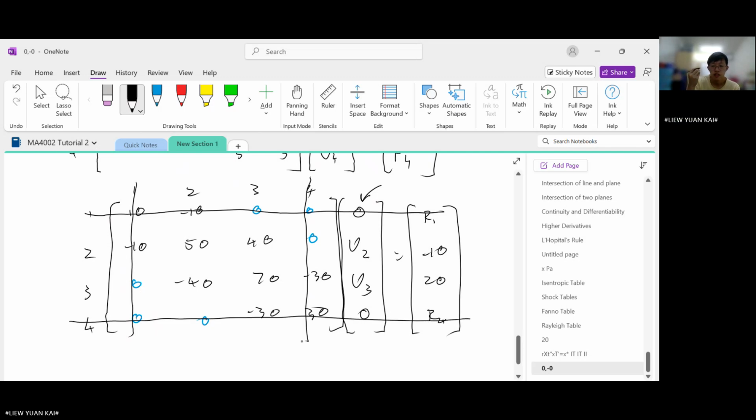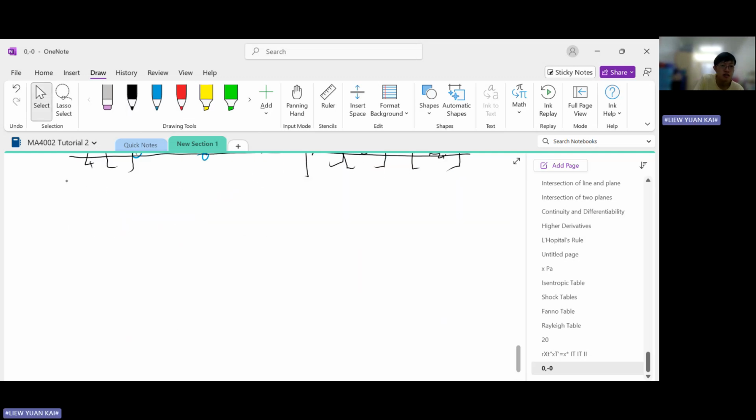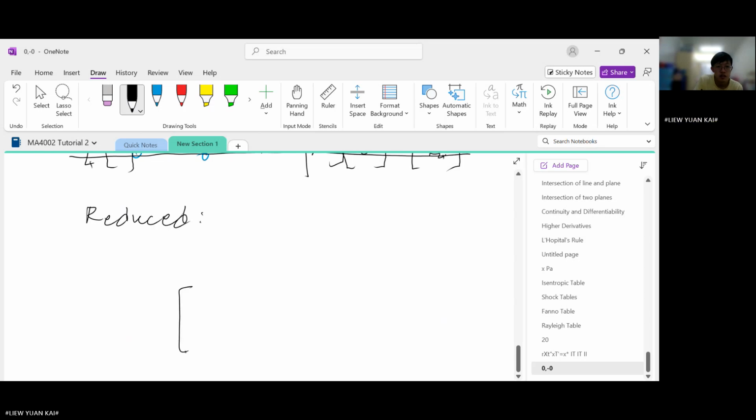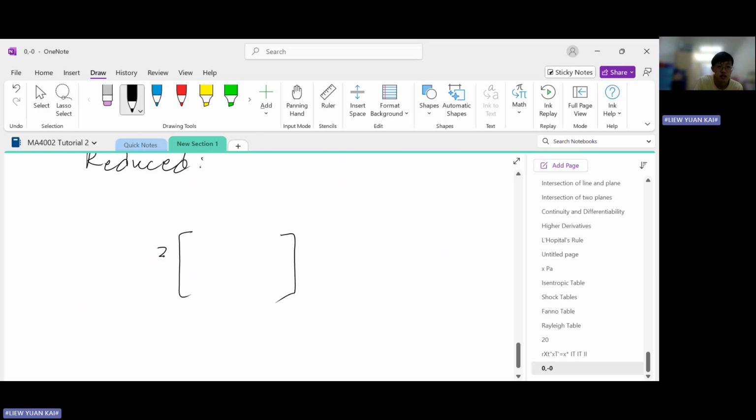Because node 4 has a 0 displacement boundary condition. So what you're left with at the end of the day is only this, this, this, and this. Okay, so copy those down. So the reduced form, those happen at rows 2 and 3. So you label the columns and rows as 2 and 3.